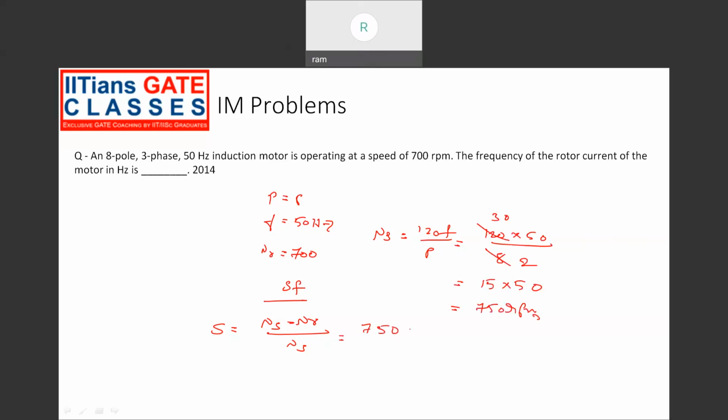So (750 minus 700) by 750, that is 1 by 15. Okay, so we got the slip. Once we got the slip, the frequency of the rotor current is slip times frequency, that is 1 by 15 into 50.